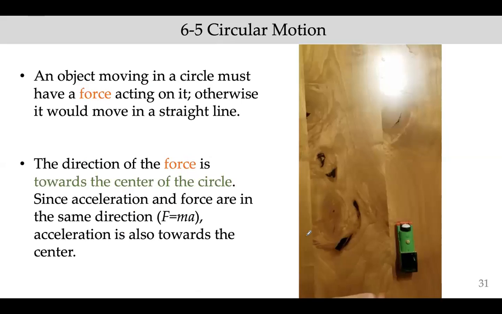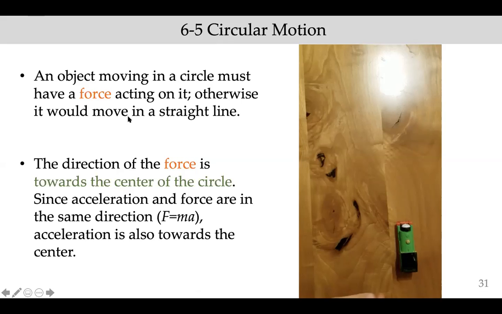Okay, now we are moving into circular motion. We will use F equals ma again in this section. An object moving in a circle must have a force acting on it, otherwise it would move in a straight line.